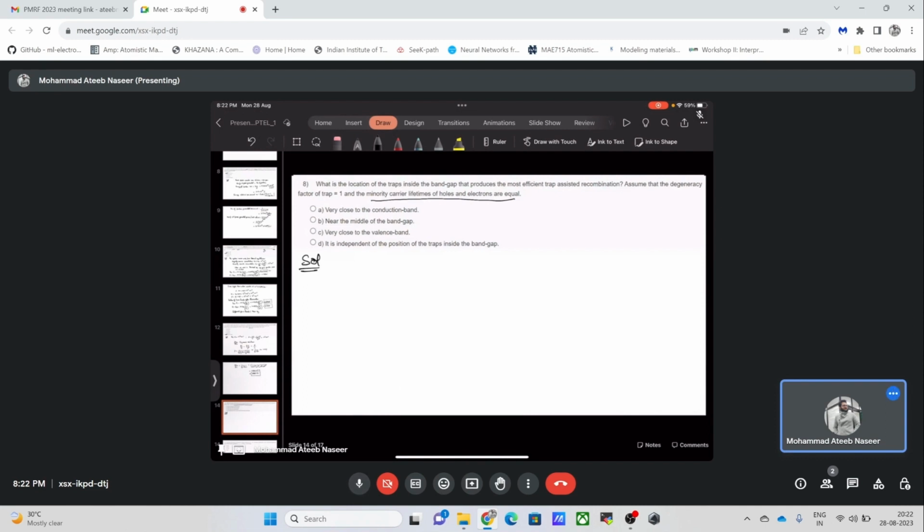Now we have seen in the lectures, as the professor told, that in steady state the recombination rate is given by R = (np − ni²) / [τp(n + n1) + τn(p + p1)], where τp is the minority carrier lifetime of holes and τn that of electrons. Now n1 is simply equal to ni times gt, where gt is the degeneracy factor of the trap, times exponential of (Et − Ei)/kT.